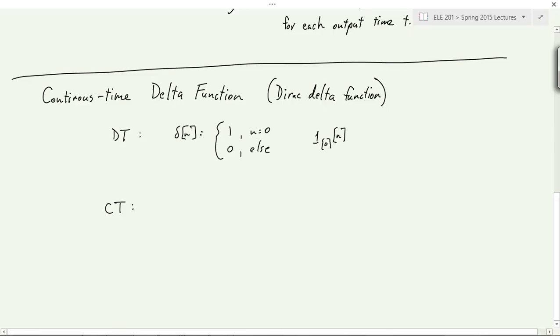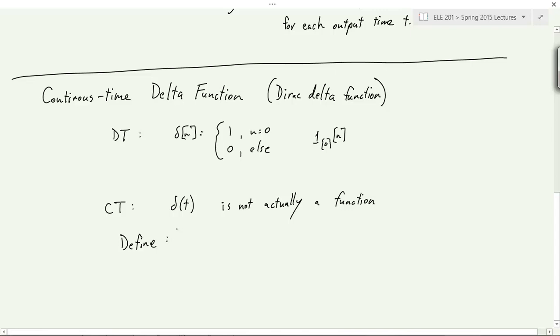All right, let me try to convince you of that. So the delta function, delta of t, that we define is not actually a function. This is why we're going to dedicate part of a lecture to talking about this thing. You define it by how it behaves in the integral.